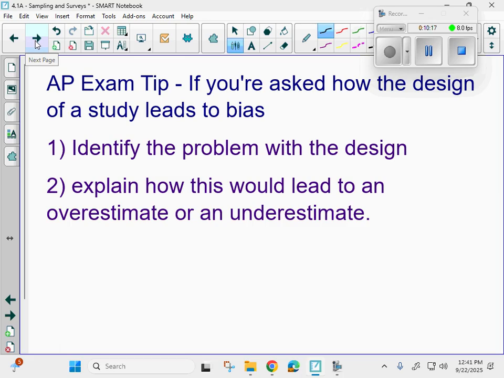And you can't fix bias by fixing the math. You have to fix it with how you gathered your data.